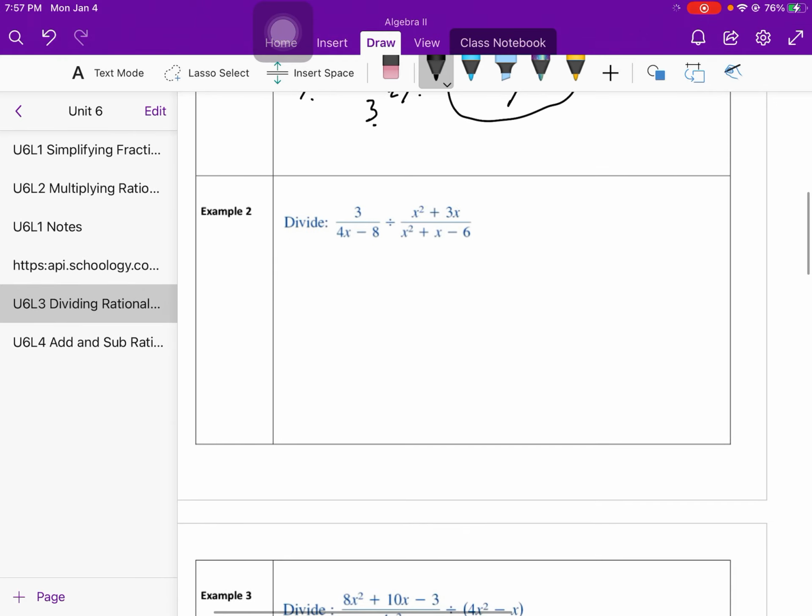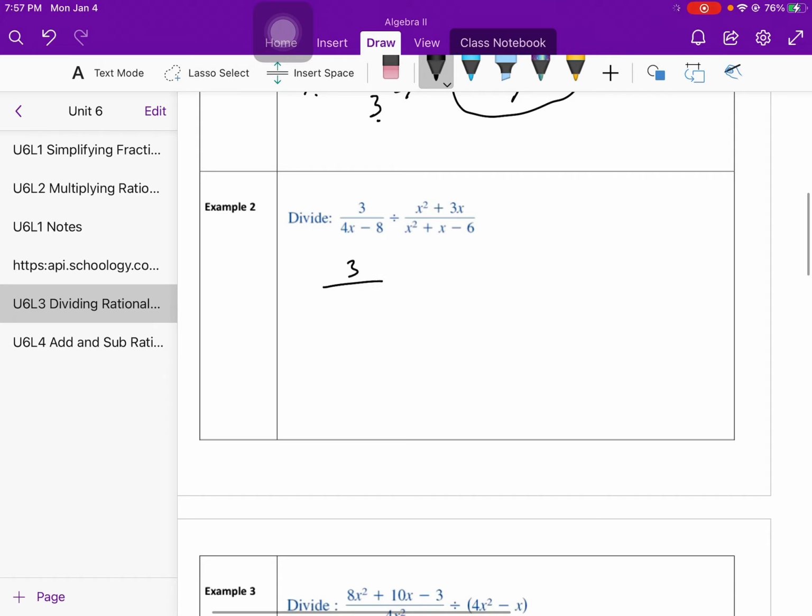Next one, similar idea. You can go ahead and just rewrite it. 4x minus 8. And now we're going to change it to times x squared plus x minus 6 on the top, x squared plus 3x. So now I'm just going to go ahead and factor out each part as much as I can. I can take a 4 out of 4x minus 8.